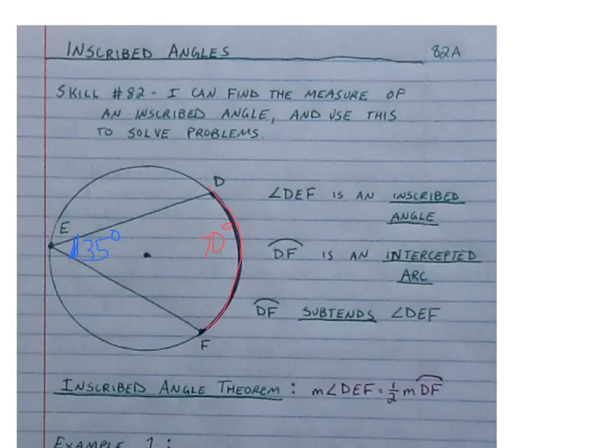Interestingly enough, if we draw another angle in here that also spans that arc DF, then we're able to say that that angle is also 35 degrees. So as long as our points D and F haven't moved, E can be anywhere else on the circle, and we would get the same angle. Or rather, anywhere on this half of the circle.